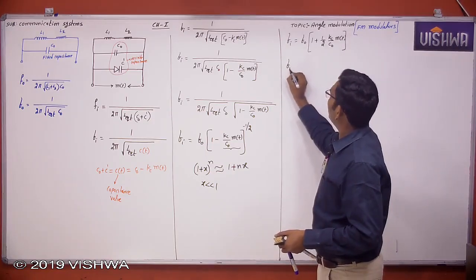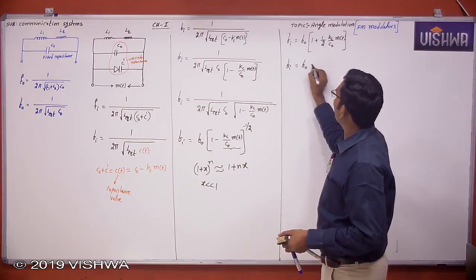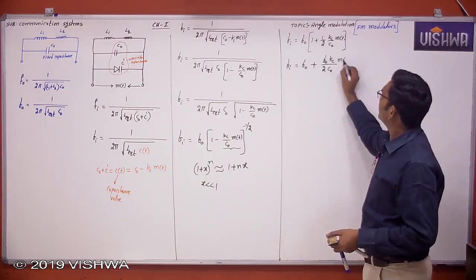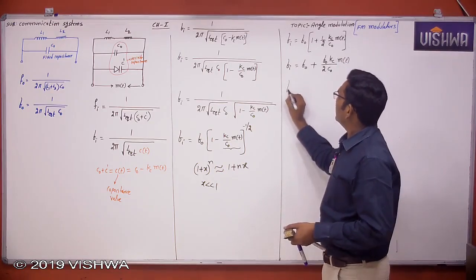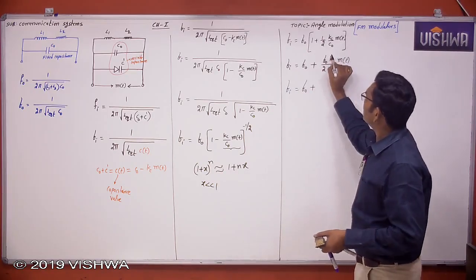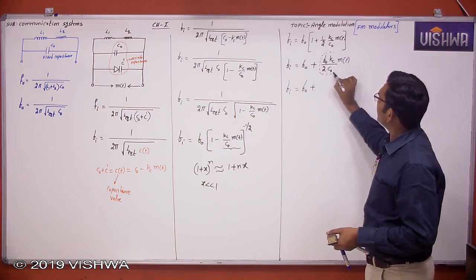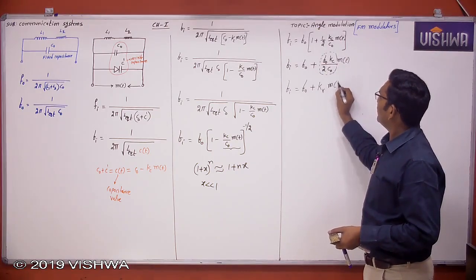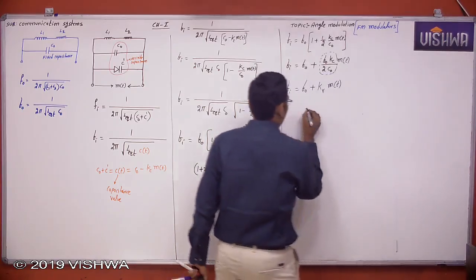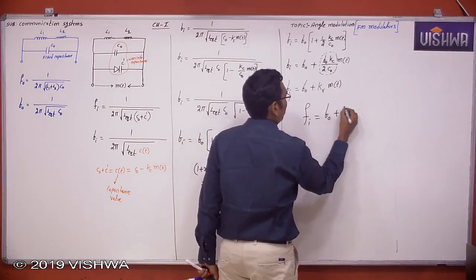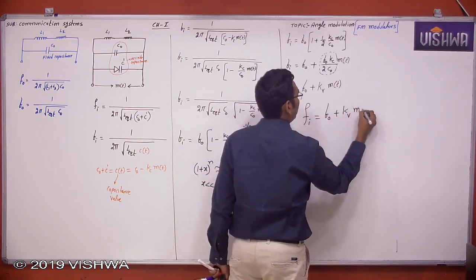Therefore, Fi is equal to F naught plus F naught into Kc by 2 into C naught into m of t. Fi is equal to F naught plus, this is the sensitivity of VCO, kV into m of t. Now see here, this is Fi, which is equal to F naught plus kV into m of t.